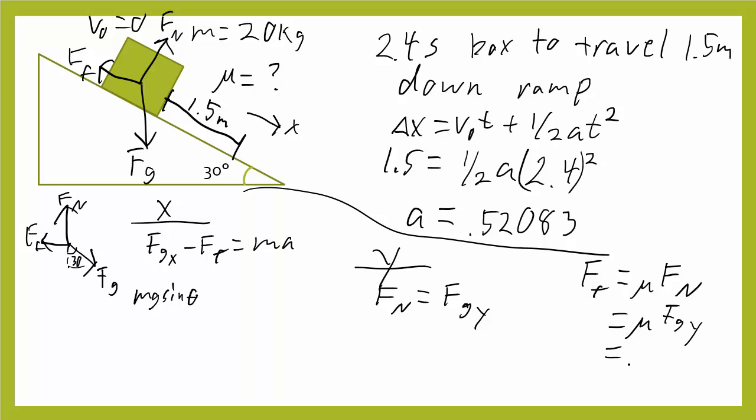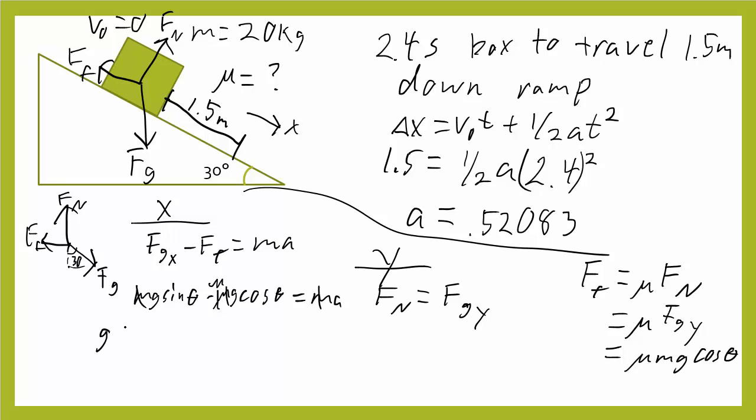And FGY is going to be mg cosine theta, because it is this side of my triangle here, right? So if I plug that in, minus mu mg cosine theta, oh, I forgot my mu. It's important since that's what we're solving for. Equals ma. We can actually cancel masses out again in this particular situation.